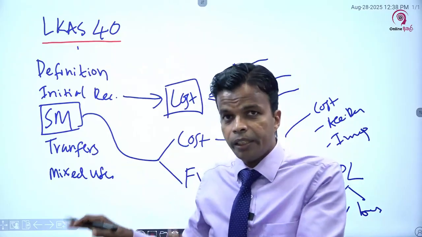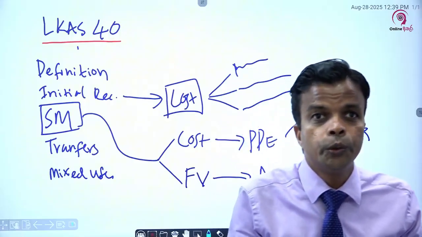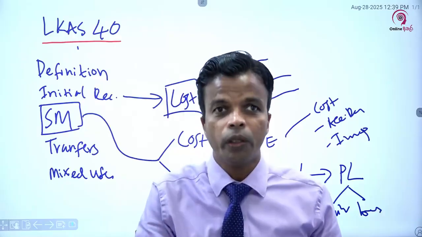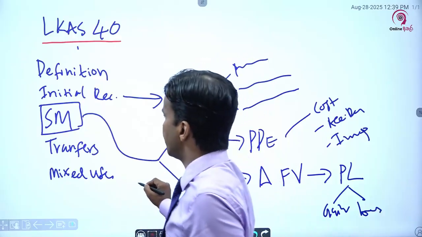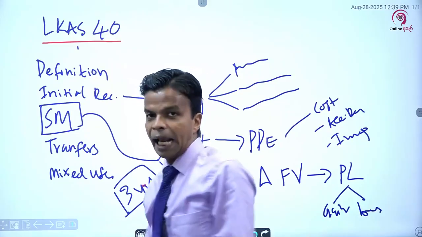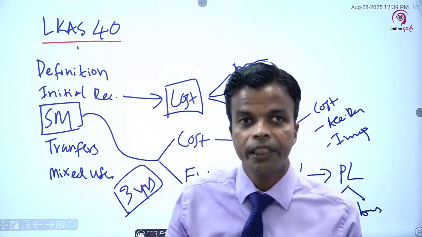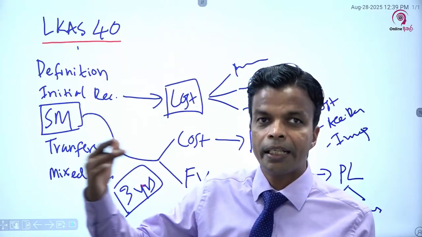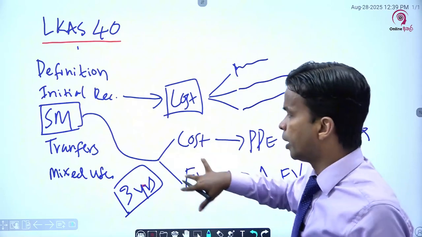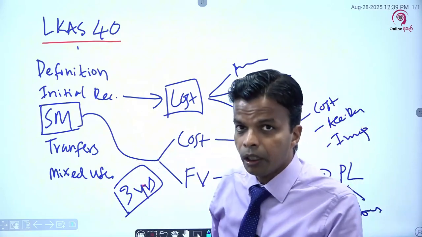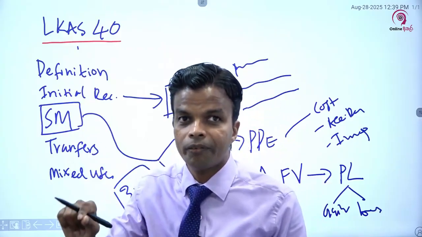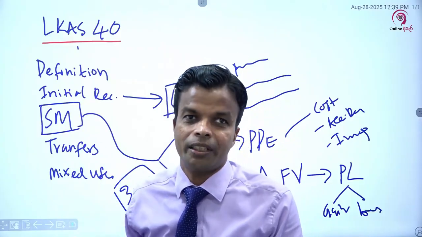Fair value every year, but using an independent valuer is not necessarily every year, but every 3 years. As per the standard, at least every 3 years, you should get an independent valuer to do the valuation of investment property. But every other fair value assessment can be done by someone else who has the relevant competencies and qualifications.